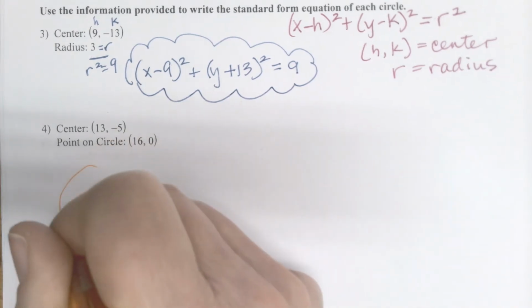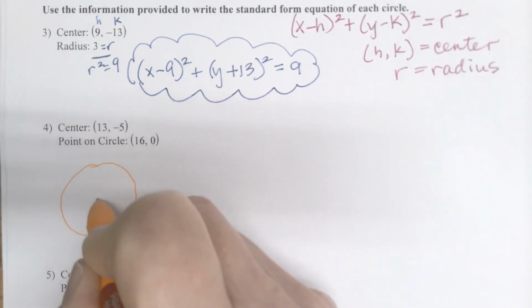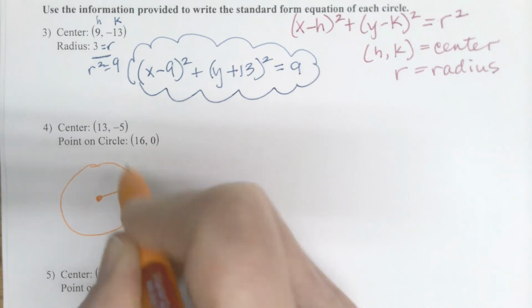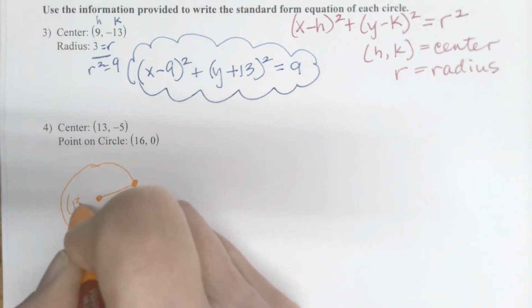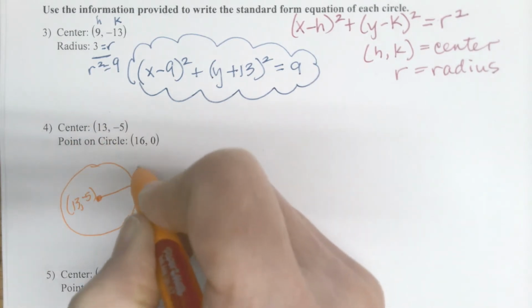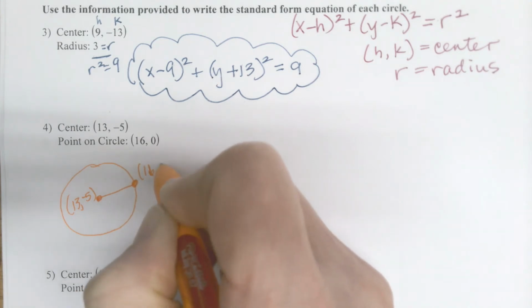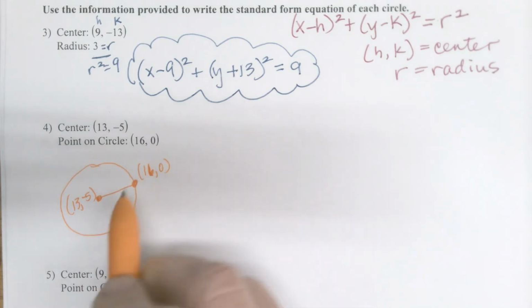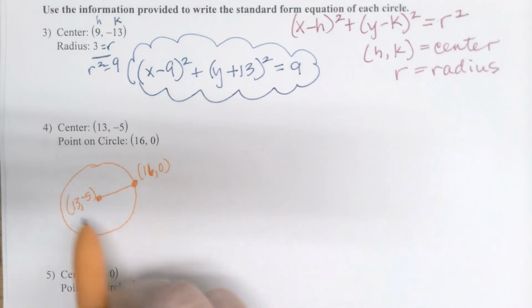So if I picture what's going on, my center would be 13, negative 5, and the point on the circle is 16, 0. I sometimes just draw a picture just to give me an idea of what it looks like.